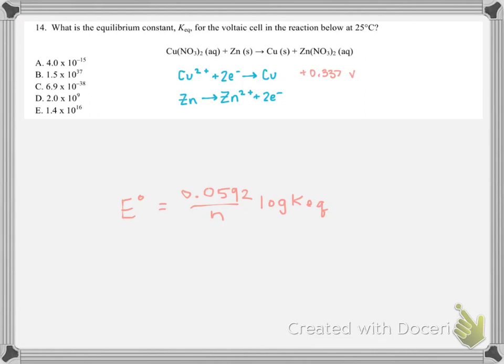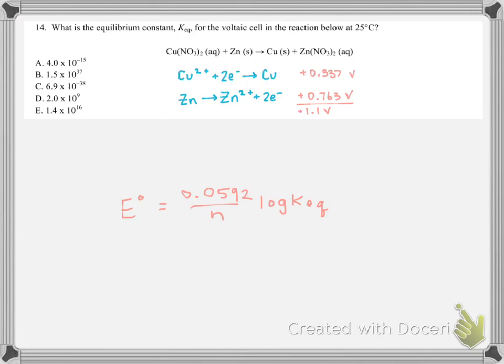But here we have the oxidation. We're doing the reverse reaction. We're oxidizing the metal instead of reducing the ion. And so I'm going to change the sign, and it's going to be positive 0.763 volts. And so then we can add these together to get the standard cell potential, which is just 1.1 volts, and that's positive.